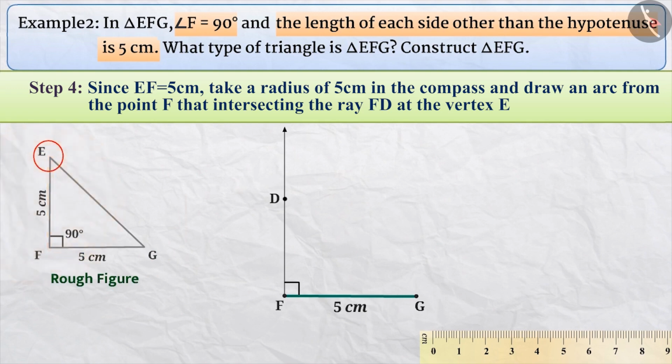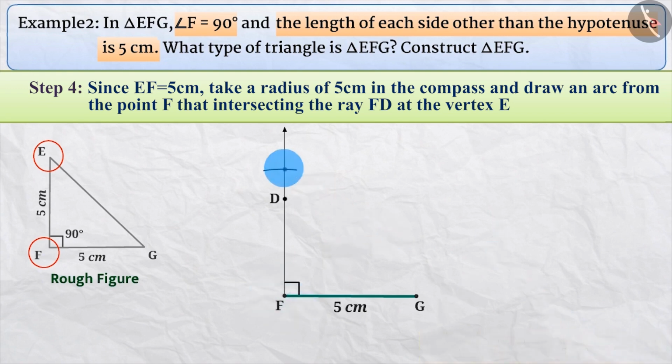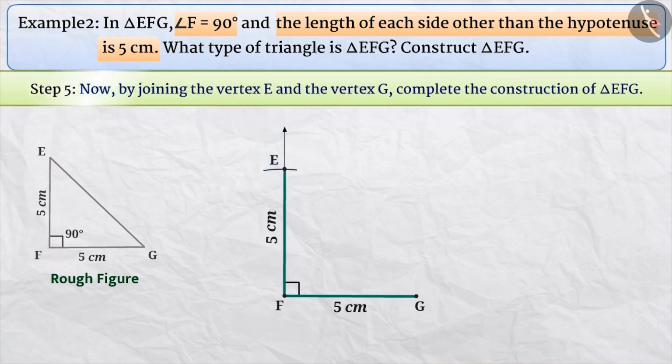That is, the vertex F is at a distance of 5 cm from the vertex E. Therefore, we will take a radius of 5 cm on the compass and taking the vertex F as the center, draw an arc on the line FD. The point of intersection is the vertex E. Step 5. Now, by joining the vertices E and G, we complete the construction of triangle EFG.